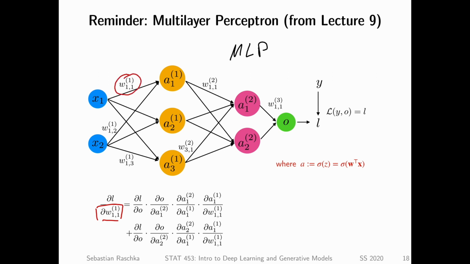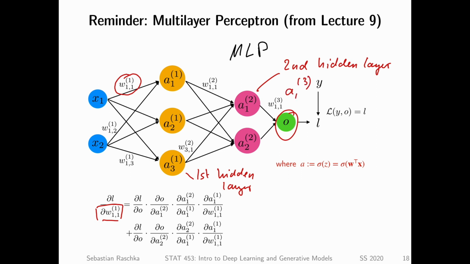So imagine we have this multi-layer perceptron with two hidden layers, the first hidden layer and the second hidden layer. And the output here, there's just a single output, so this would be a network for binary classification. You can also think of this as A1,3, the activation of the last layer, it's the output. And what we want to do is compute the loss with respect to this one.